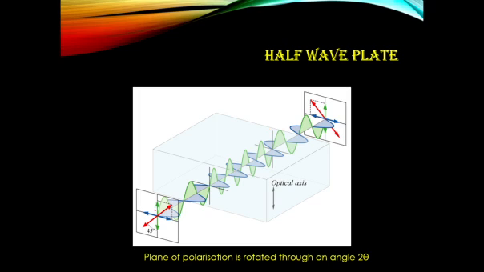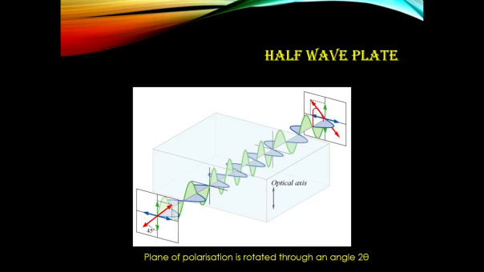Here the green wave was upward and the blue wave was towards the right, isn't it? Let us keep one wave constant and give the phase change to the other wave.